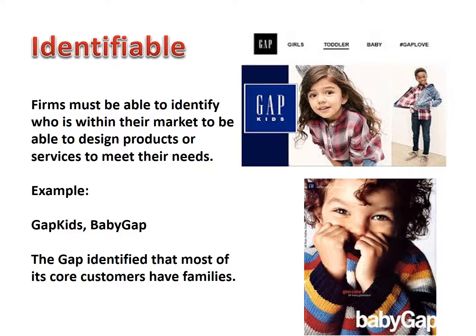So on the right side, I have logos of Gap Kids, and below it, I have Baby Gap. So this is one of the firms that would identify who they want to market.